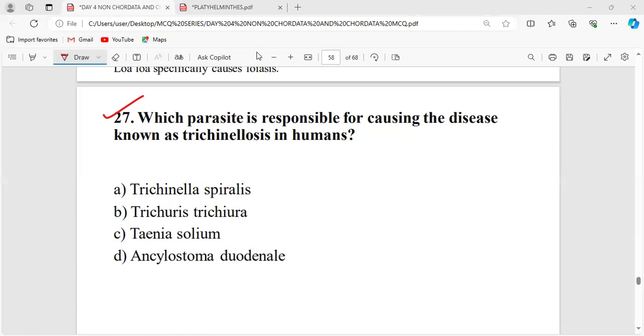Generally, it will be the Trichinella species. Trichinellosis will be the genus Trichinella. By this you can easily come up with the correct answer. The Trichinella species is the one that causes trichinellosis.